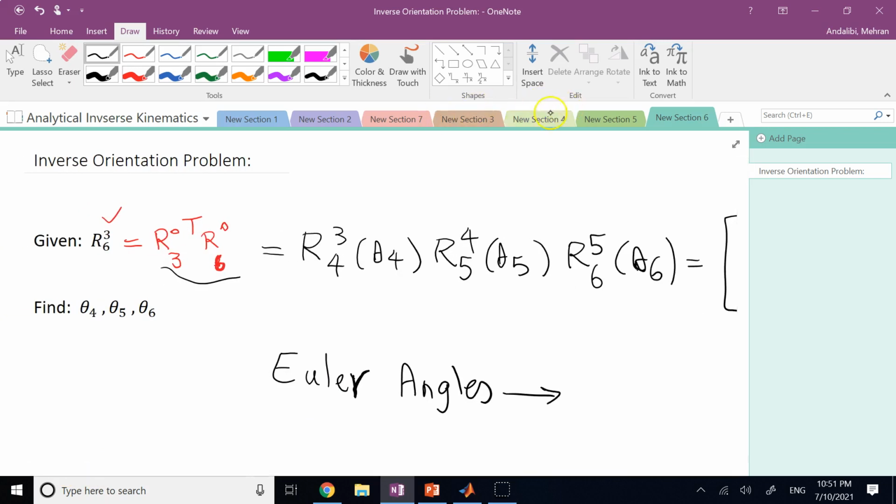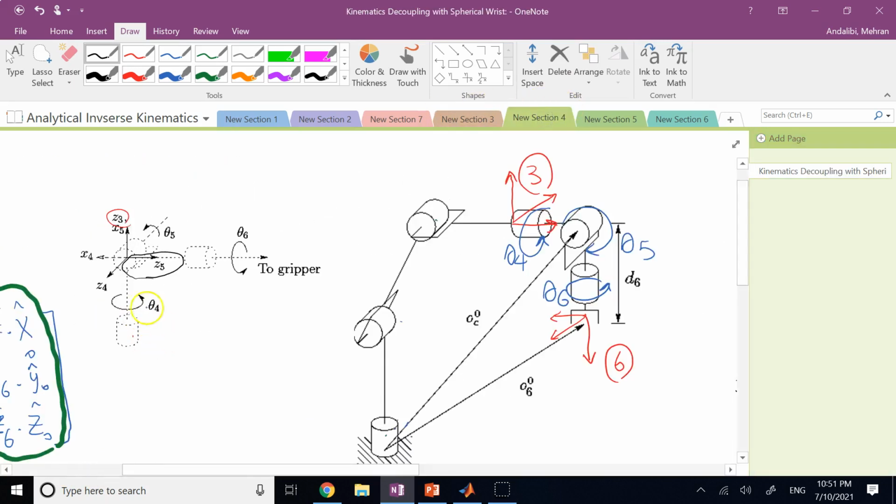Just let's go back and look at them. Just look. One is about this axis, the next one is about this one, and the next one is another spin. So the first one and the last one are like spins, that one is like a tilt.